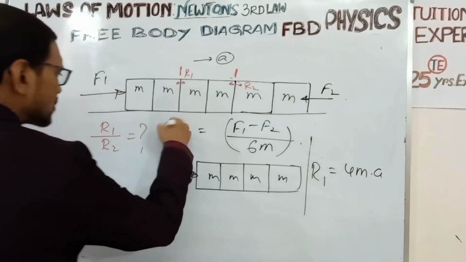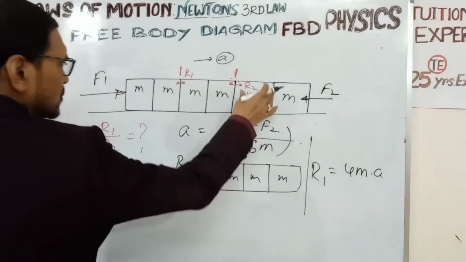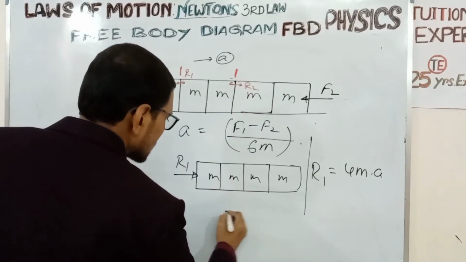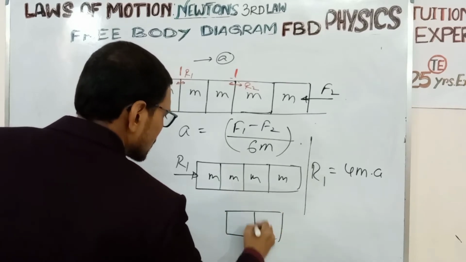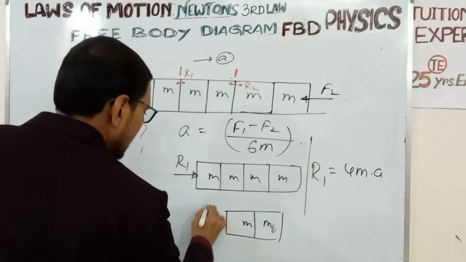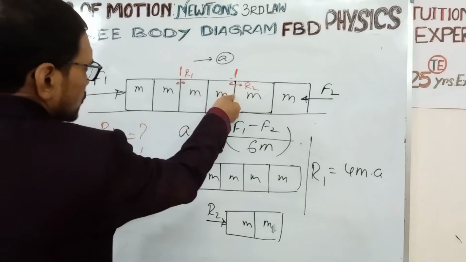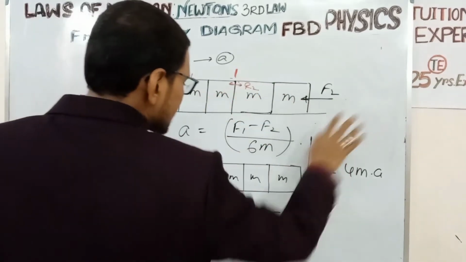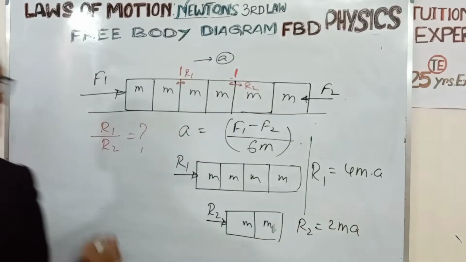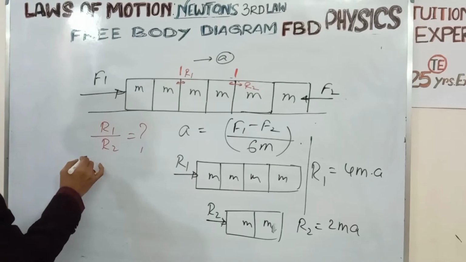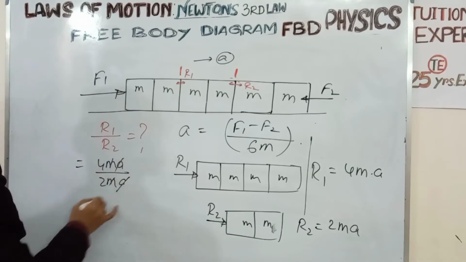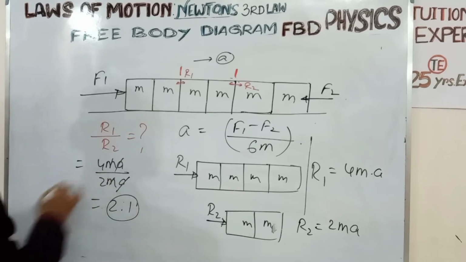We don't have to calculate the acceleration. Now R2 moves the 2 blocks with acceleration a, so R2 equals 2ma. Now we can find R1 by R2: the ratio is 2:1, or 2.